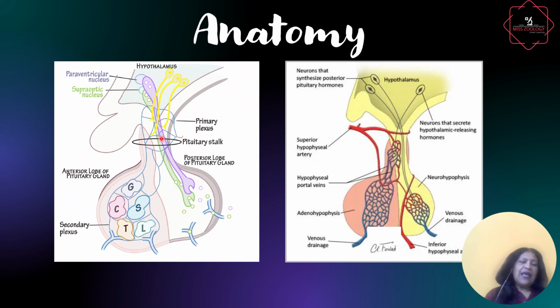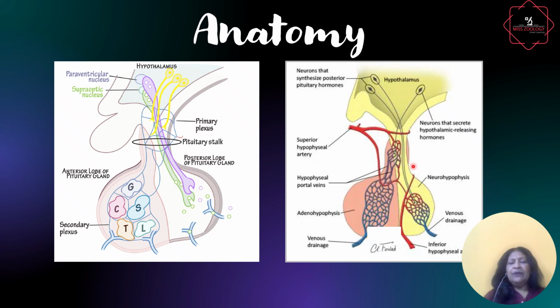present along the axons. Now, since we know that hormones are always distributed directly through the blood, what kind of blood supply do we have in the pituitary gland? Here you can see superior hypophyseal artery. This is a branch of the carotid artery that comes to the brain.